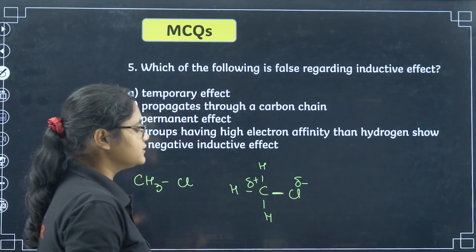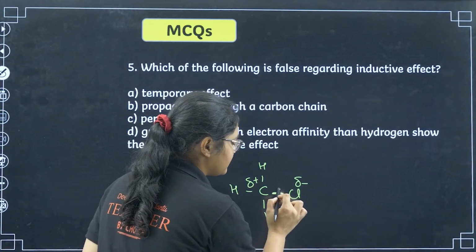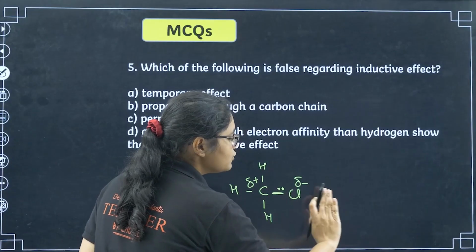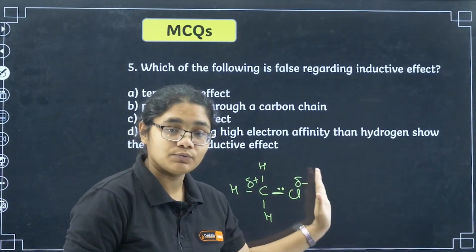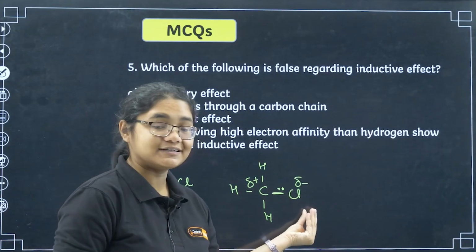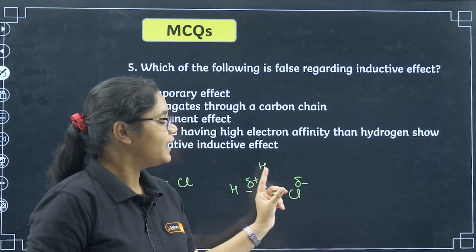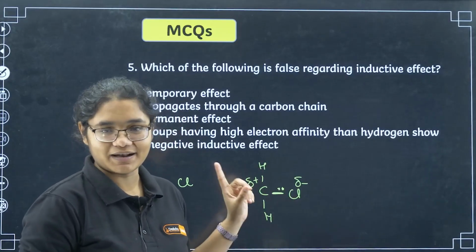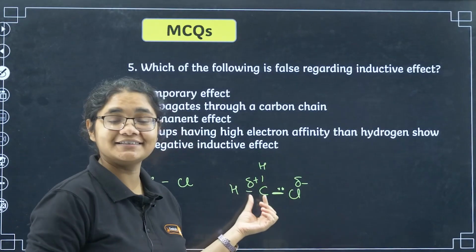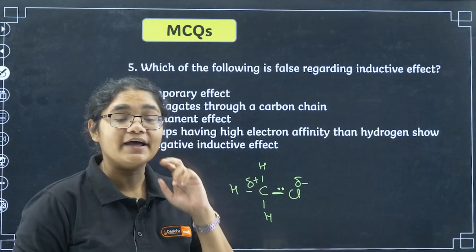The electrons are pulled towards chlorine more, so the electron density on chlorine is more, and that is why we get a delta minus here and a delta plus here. This is called inductive effect.